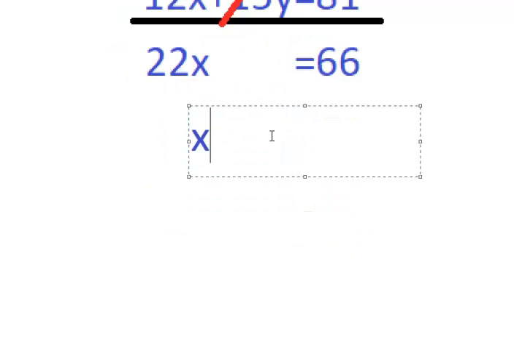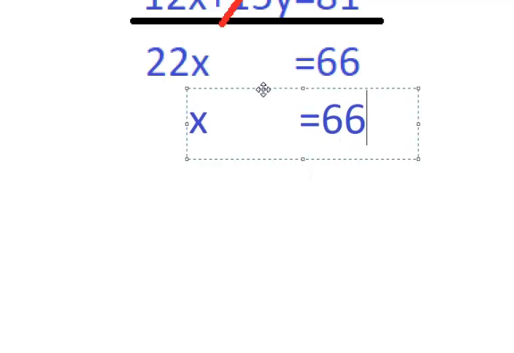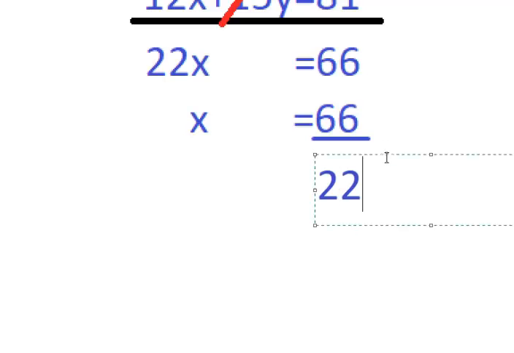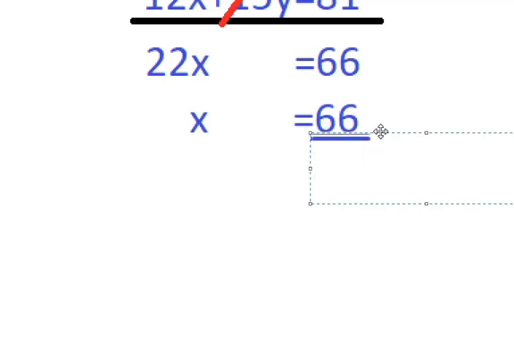So basically what I have is x equals 66, yes, divided by 22, yeah? So I need to draw a line in here and put divided by 22, yes? Okay, 66 divided by 22.